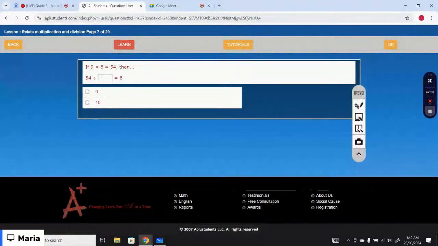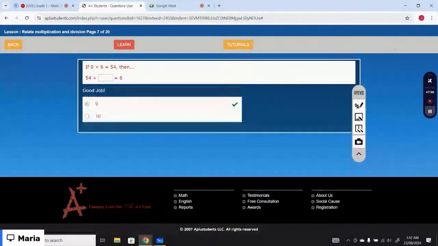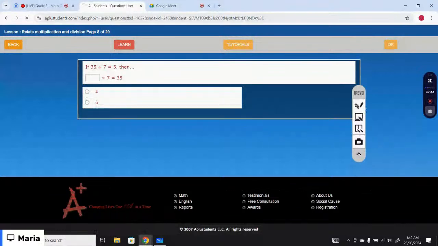The correct option is 54 divided by 9 is 6. Option number 1 is the correct option. Okay, you can complete the lesson by yourself later today.